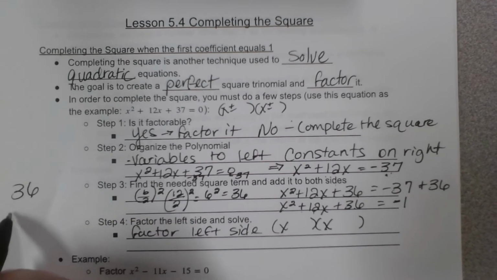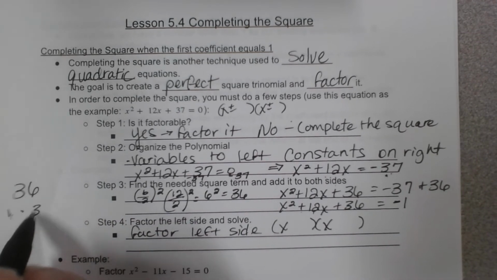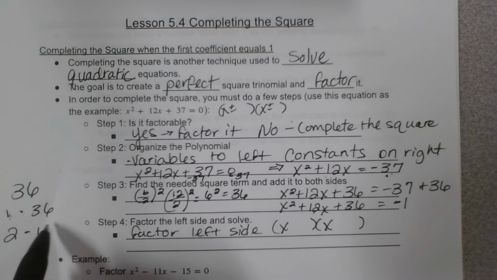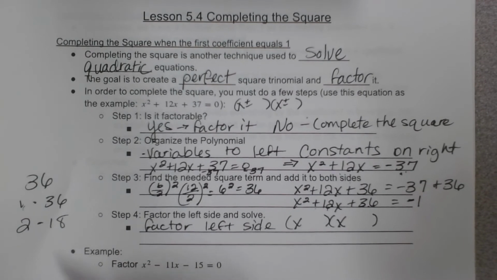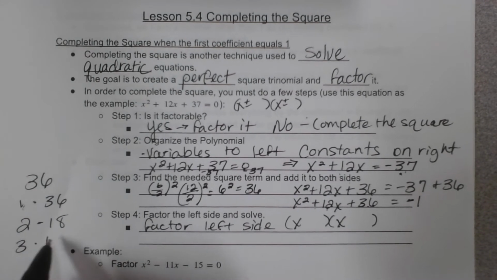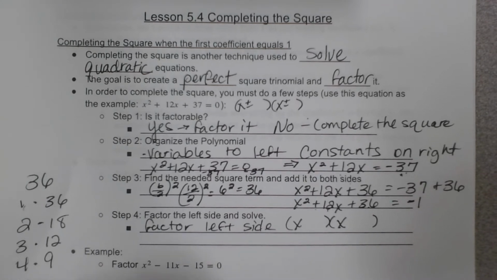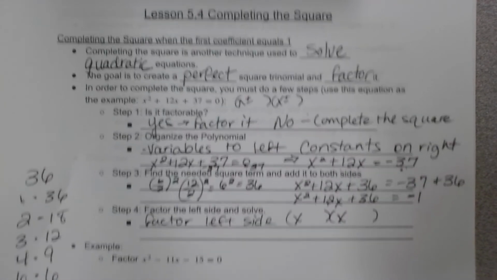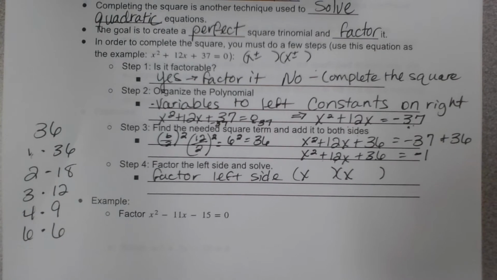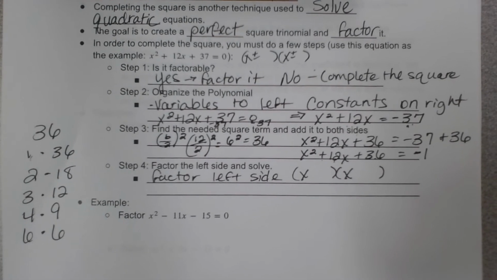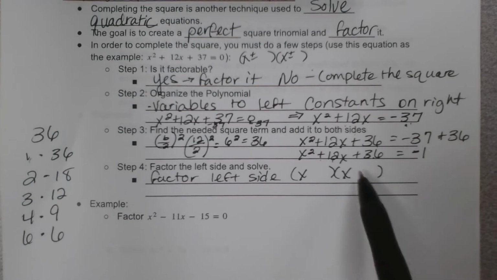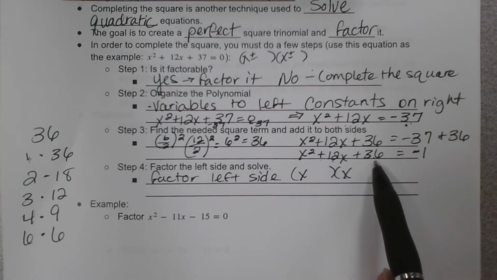I want to look at 36's factors. Three times 12, 4 and 9, 6 times 6. 36 is a perfect square, and that's what we did. We created a perfect square number right here, okay?